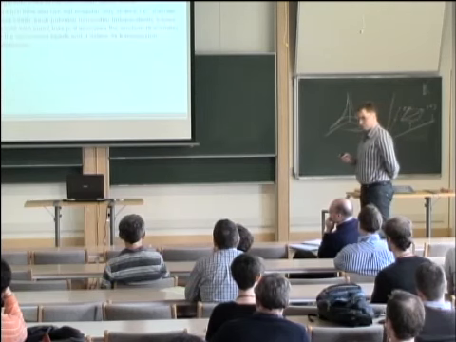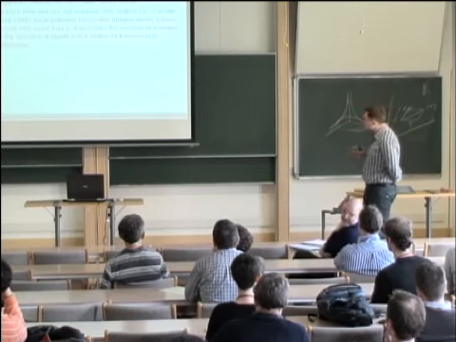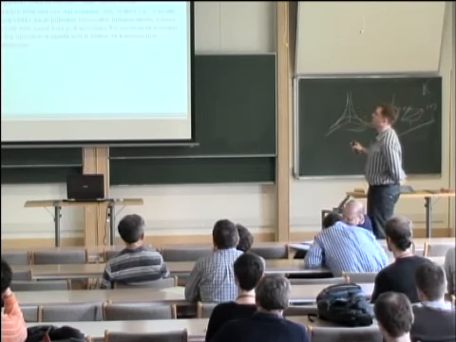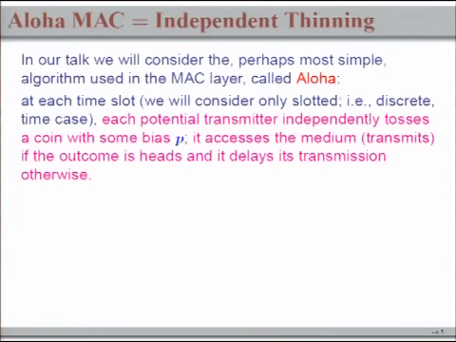In this talk, I'll concentrate on perhaps the most simple instance of such a medium access protocol, which is called Aloha, and actually means that if there are several nodes willing to emit some packet, each node independently flips a coin, and if heads, say, then it emits, and if tails, it postpones the transmission till the next time slot, as time is slotted.